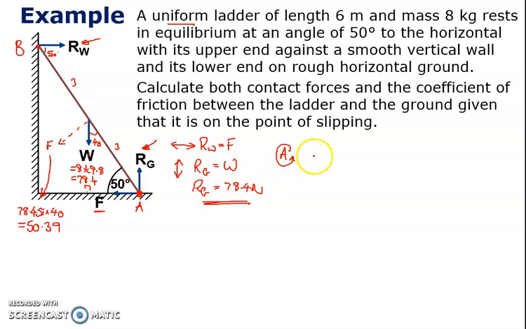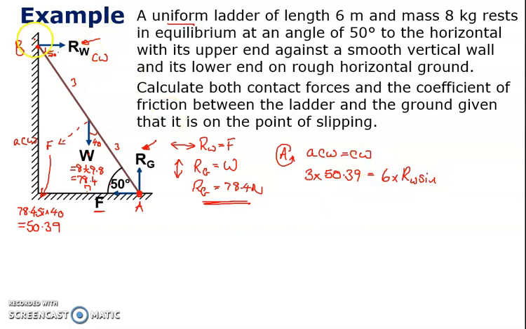So when I do it over here, I can say that 3 times that perpendicular force will be an anti-clockwise moment, whereas this one will make it go the other way. So it's the anti-clockwise equals clockwise rule that we've used in the past. I'm going to say it's 3 times that 50.39 we just calculated, and that's got to equal the second force, which is 6 away, times RW sine.